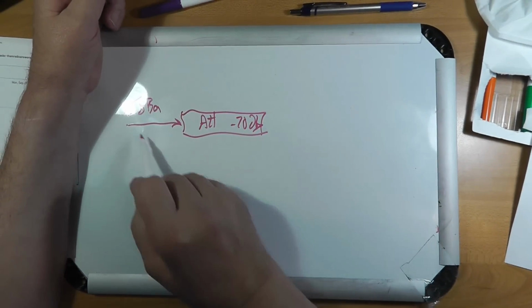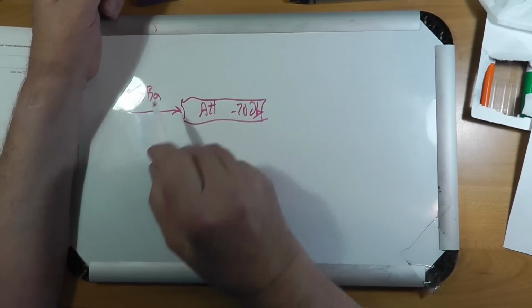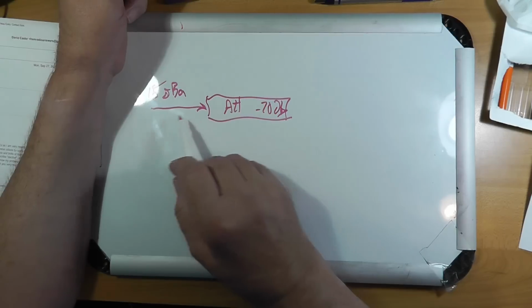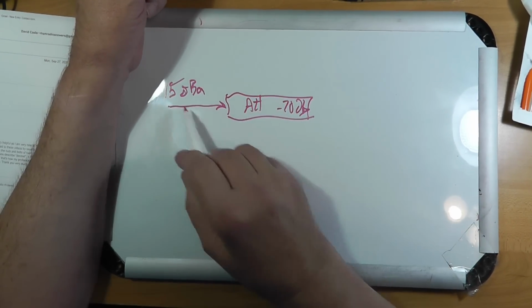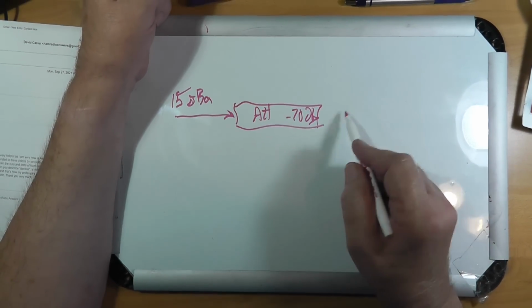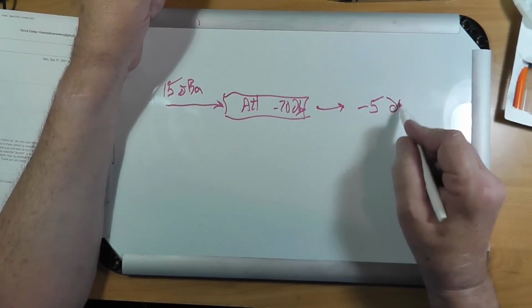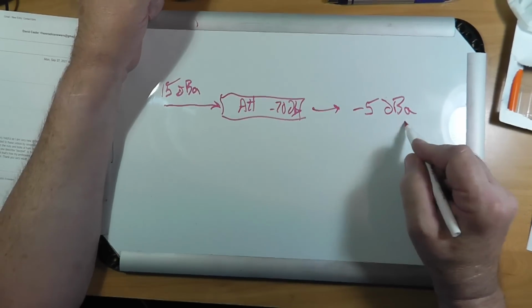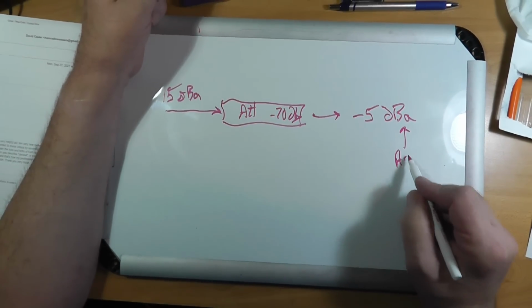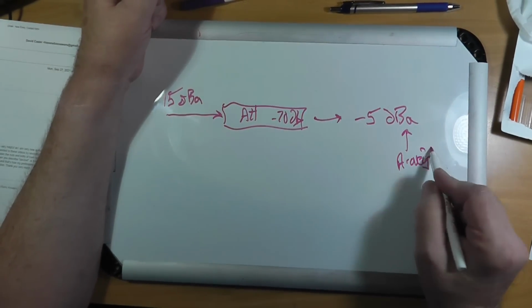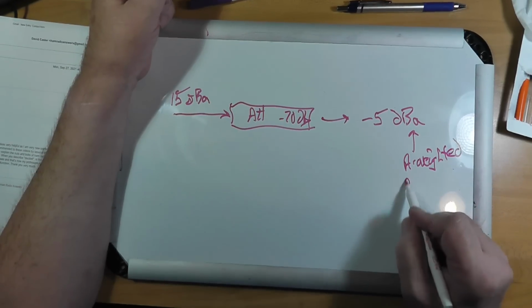The A audio scale is a curve developed by the Bell system for telephone use. You've got an attenuator, a minus 20, so this comes out of here at minus 5 dBA. The A again is the A-weighted audio.